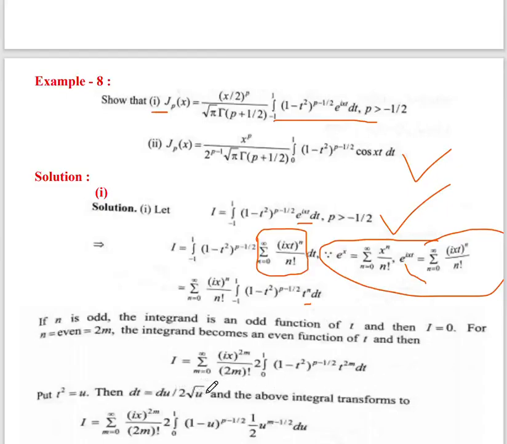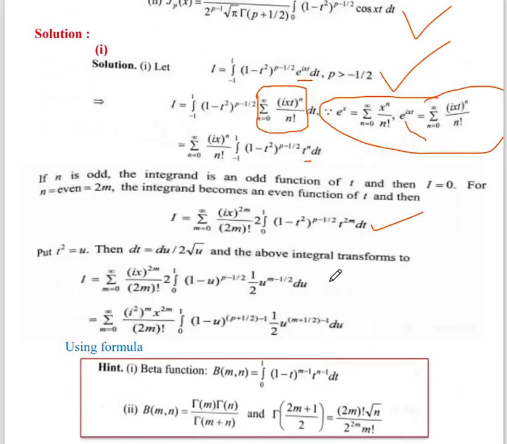Therefore for even n the integral is written as summation m equal to 0 to infinity, with n equal to 2m. We can change the limit: if n equal to 0, then we get m equal to 0. So this can be written in this way.